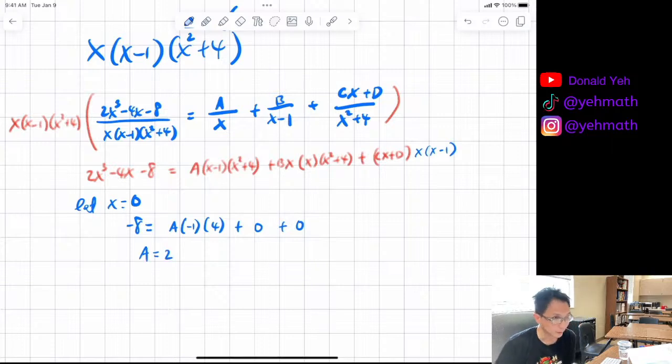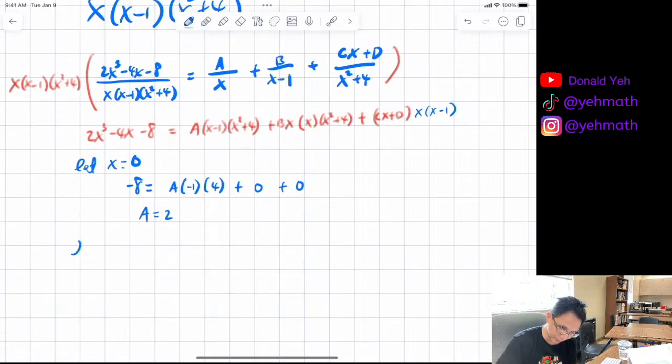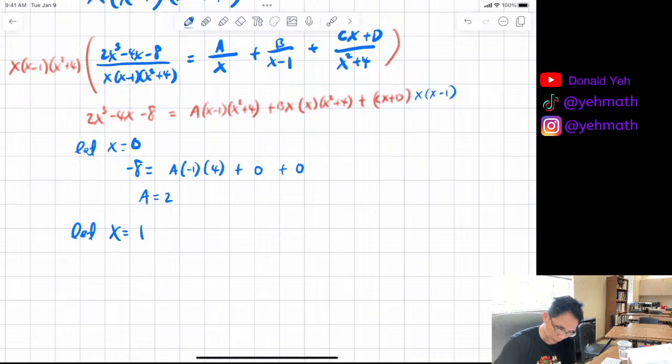Wait, what? You think they were A and B? A got -2. A is 2. I haven't gotten there yet. How do you get C? I plugged in 1. You want everything to cancel? One gets it equals 0. Just plug it in. You can get rid of that. It is 2, okay.